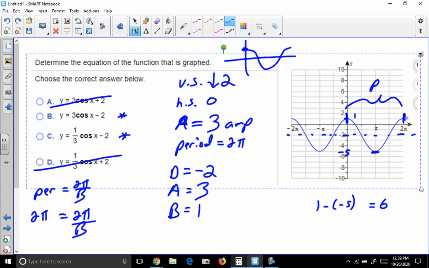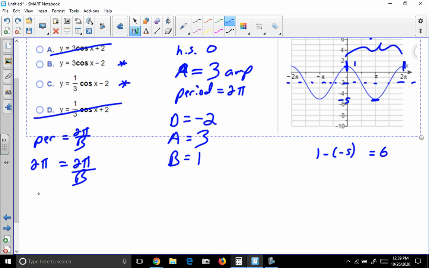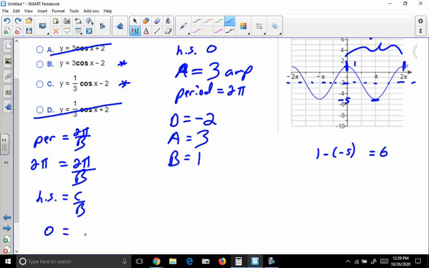And then the horizontal shift is C divided by B. Well, the horizontal shift is 0. B is 1. So C is 0.